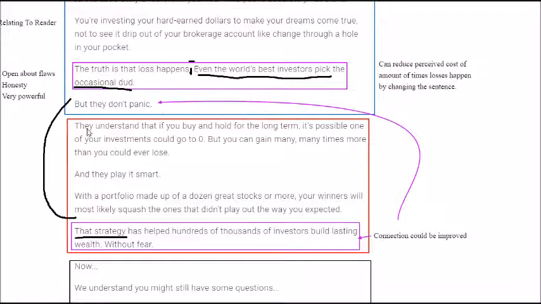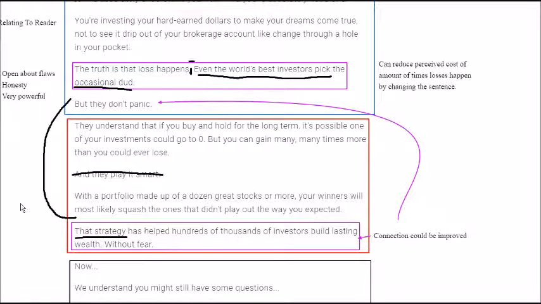That's it. That's all you have to do. And then eliminate this, because "and they play it smart" doesn't add anything. No desire, no belief. Any sentence that doesn't add desire or belief should be eliminated, unless it's a transition sentence, but you can transition from this sentence to this just by putting an "and" in front of this sentence.